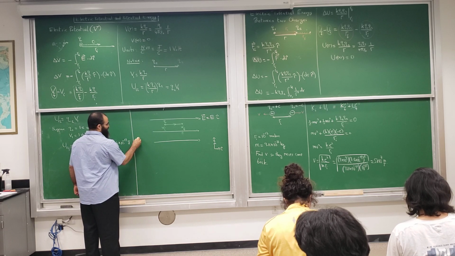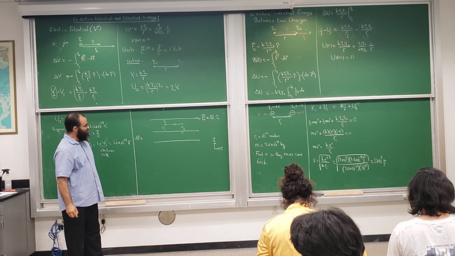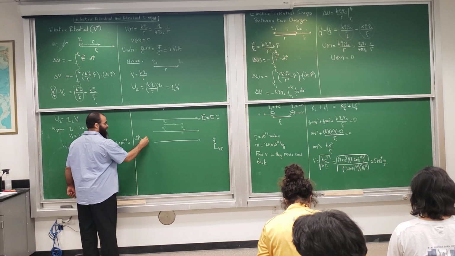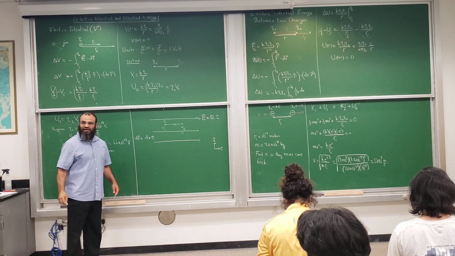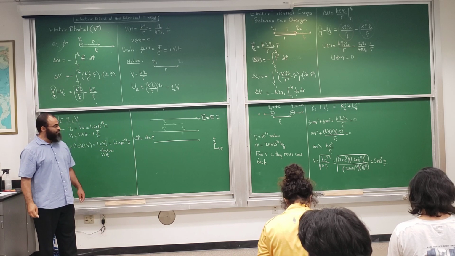So who can tell me the displacement in this case? What is dr in this case? Something i hat. Yeah, dr i hat. Or we can call it dx i hat because it's in the x direction.